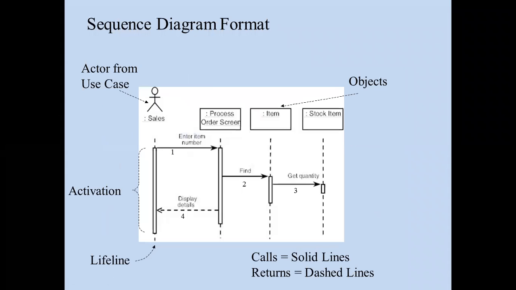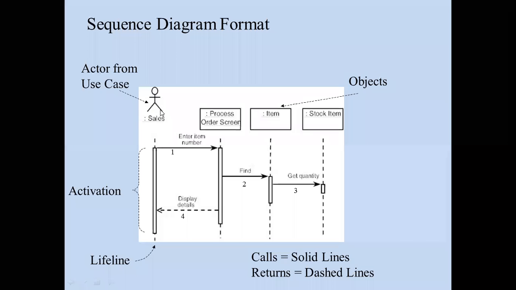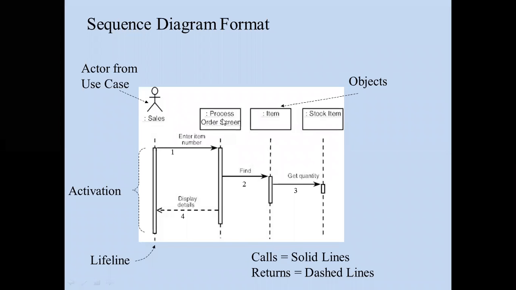Then the interaction diagram includes the sequence diagram. Here you can see the actor from use cases. This is the actor, these are the objects in your system, and these are the activation bars. You can also call this the lifeline. The solid line is called calls, and the dashed line is the return. These are calls to the system, calls to an object, or return messages from that object.